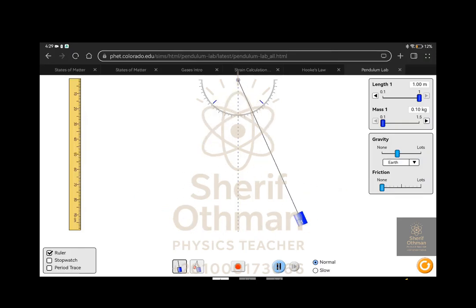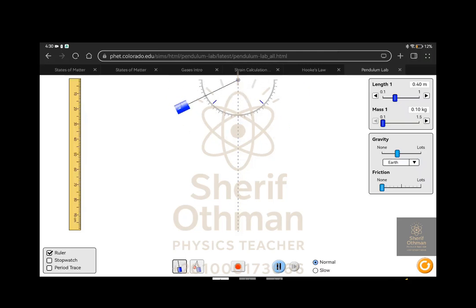There is a direct relation between the periodic time and the length. As the length increases, the periodic time increases. As the length of the wire decreases, the periodic time also decreases. And as we said before, as the length decreases, the amplitude increases.